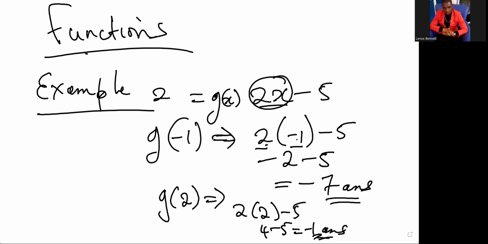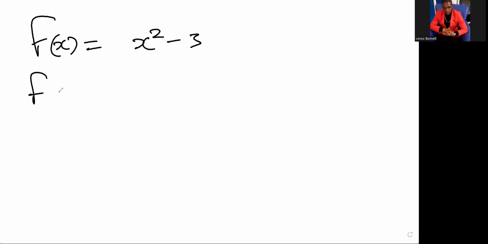Alright guys, let's make this get more regular now. What if we have this? f of x is equal to x squared minus 3, and they ask us to find f of 2.